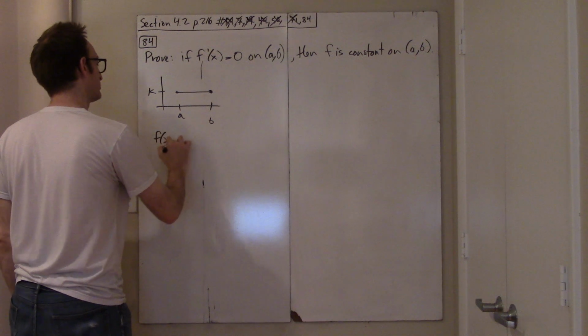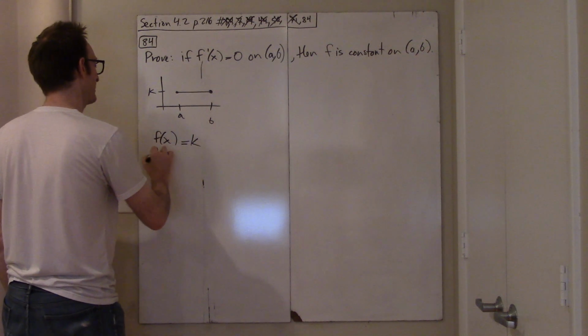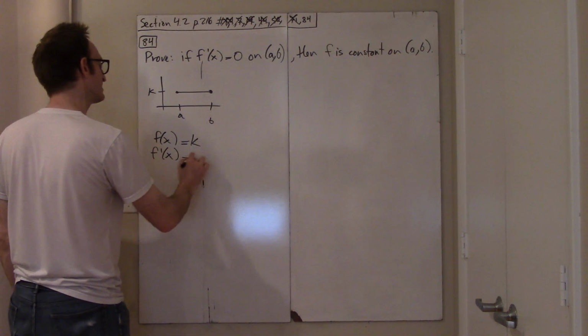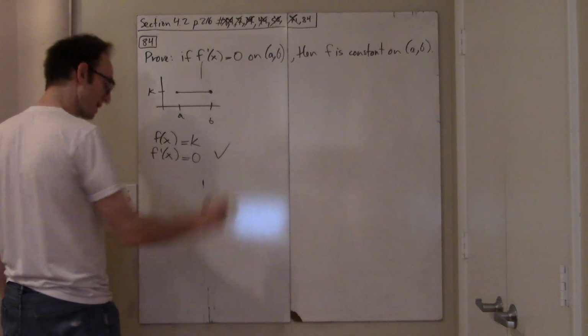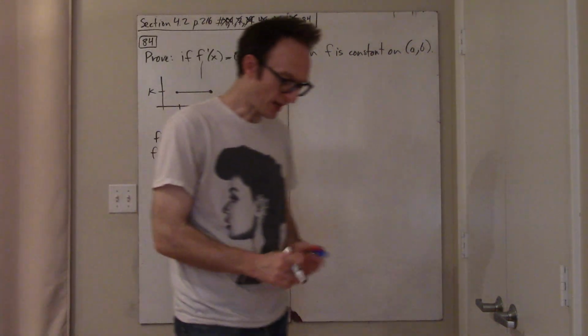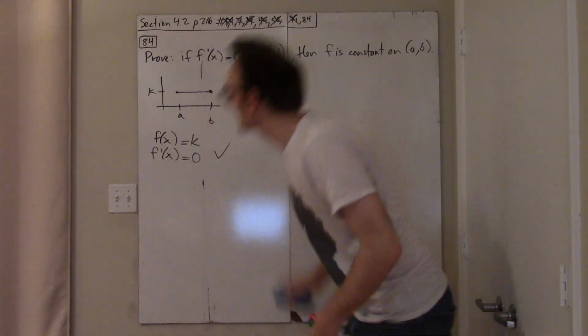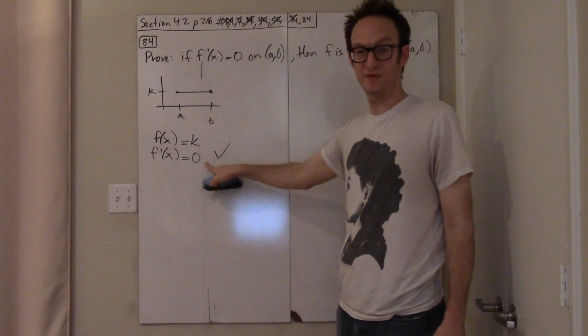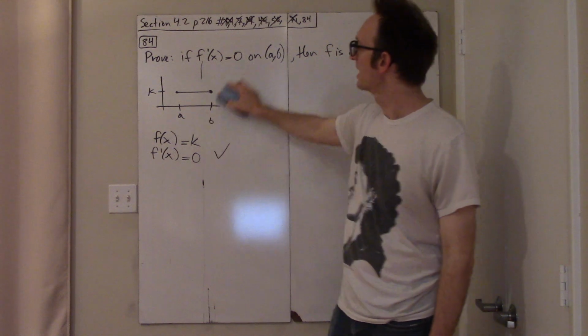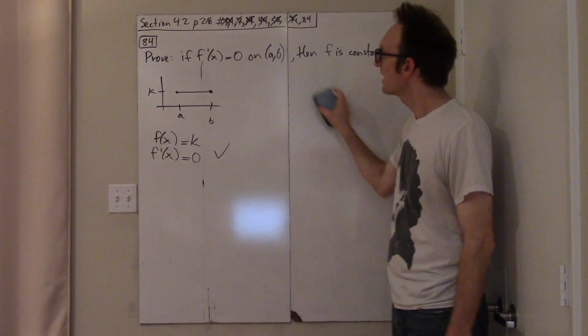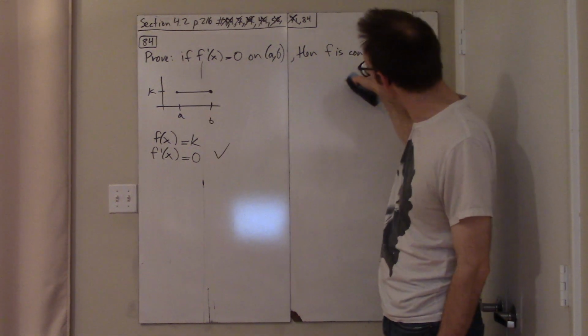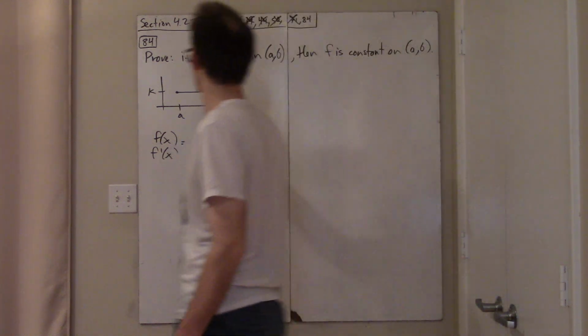If you just write the function f of x equals k, we proved using the limit definition that this is 0, so it seems like we're done. Okay, but that's actually not what this theorem is saying. It's not saying that constant functions have 0 derivative. That's of course obviously true. Instead what it's saying is, if the derivative is 0, then the function must be constant.